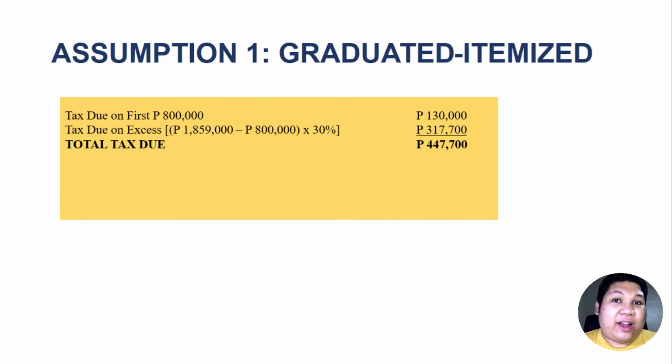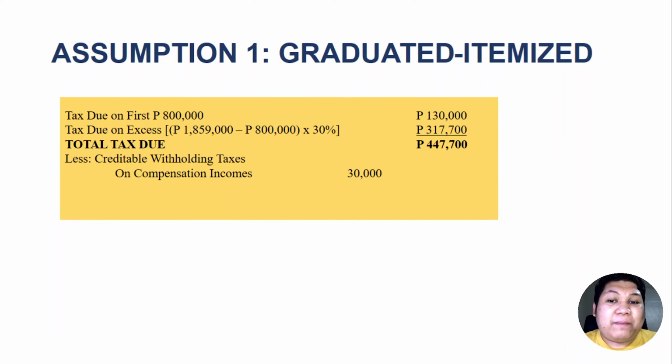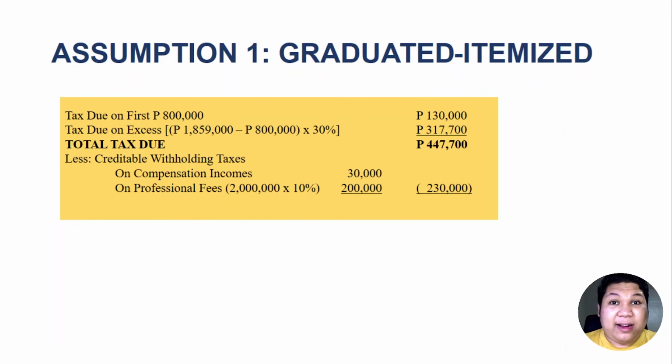But remember, there were withholding taxes. So we will deduct the creditable withholding taxes. Number one, on compensation incomes, that was 30,000 pesos. And on professional fees, remember that the professional fees was subjected to 10% EWT. The 10% there, that 2 million times 10% or 200,000 could also be deducted from Juan's income tax due.